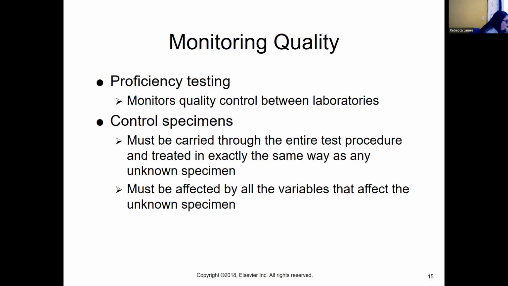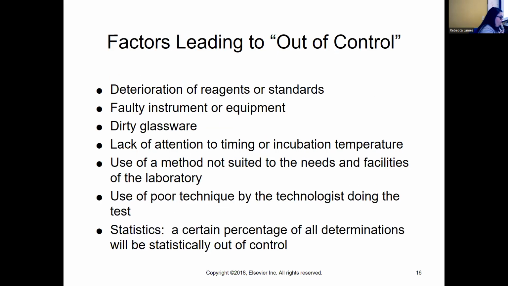If the control value in a determination is out of the acceptable range or out of control, one or more of the following factors may be responsible. So, deterioration of reagents. We said that in this way, okay? Faulty instrument or equipment.